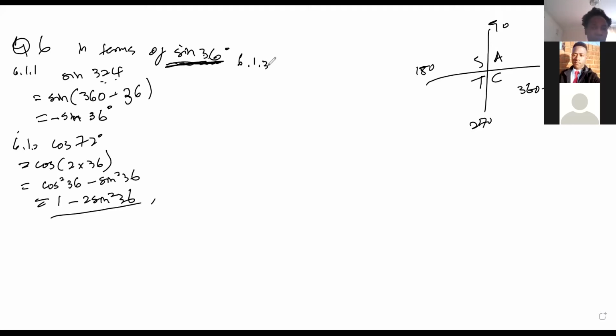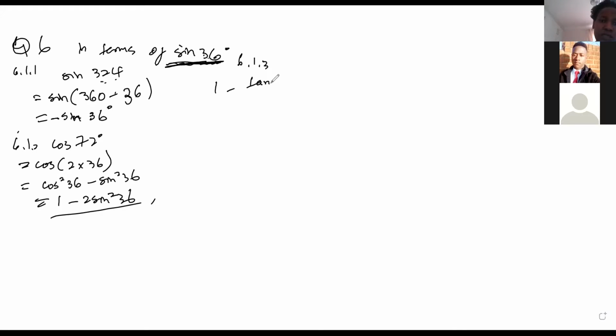Then 6.1.3, they say prove this identity. The identity is (1 minus tan squared theta) over (1 plus tan squared theta). Prove that this is equal to cos squared theta.